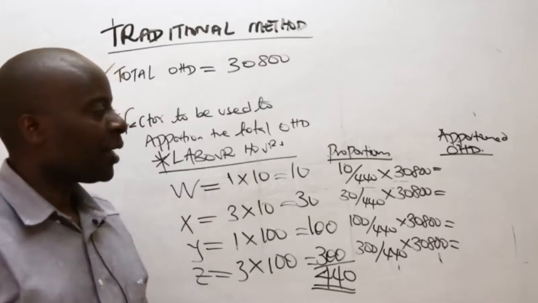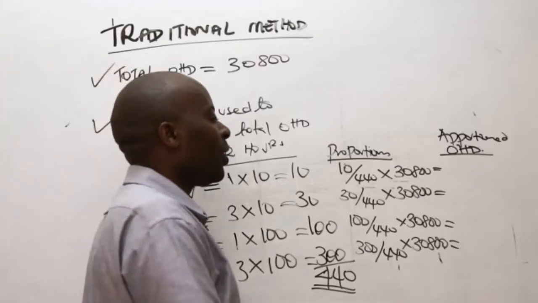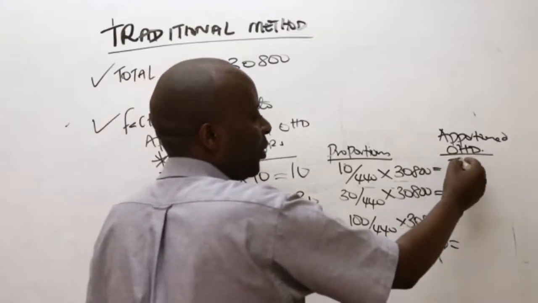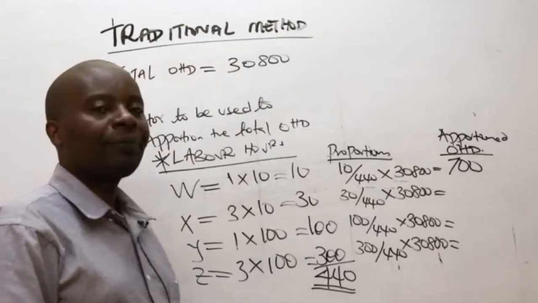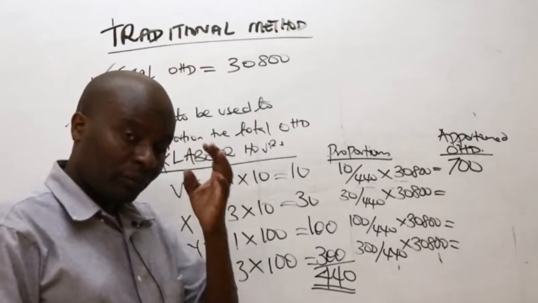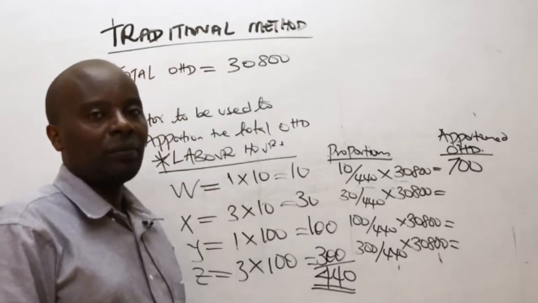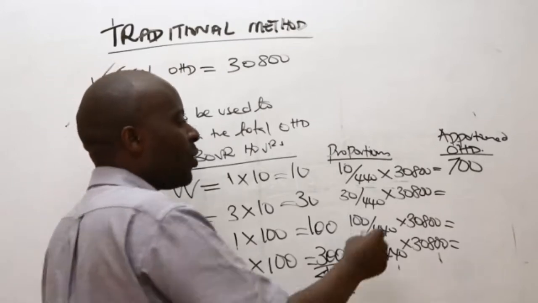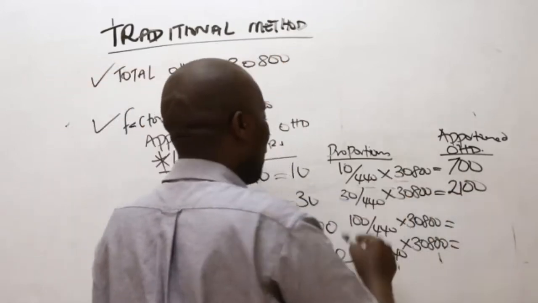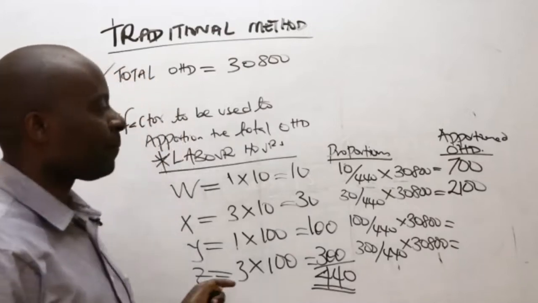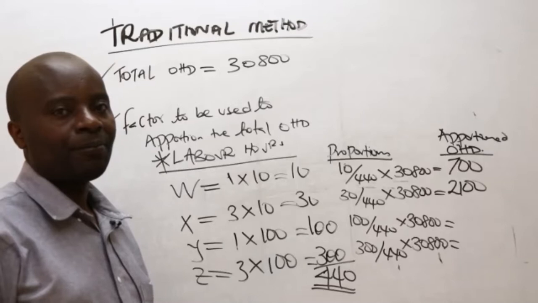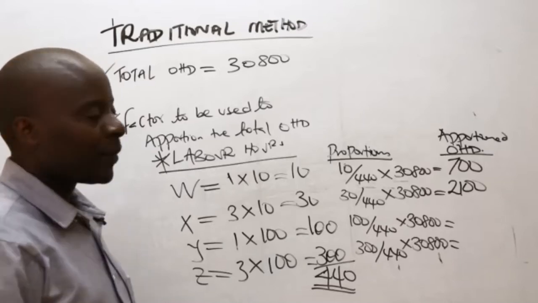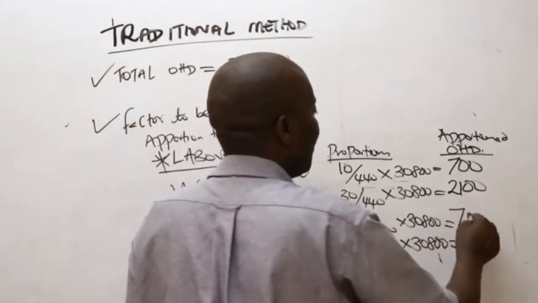The first student is giving me a figure of 700. Yes, 700. How about the overhead for X? 2,100. How about Y? 7,000.